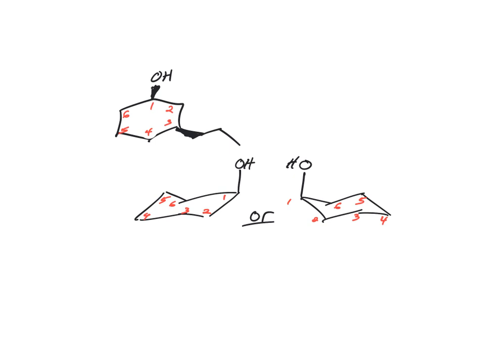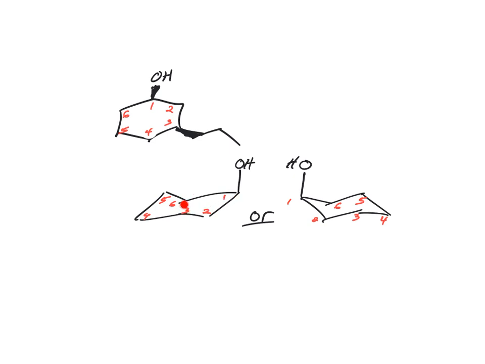So if the OH is up, on carbon 3 there is the propyl. Is that going to be in the axial position or equatorial position? Let's think. It goes every other one, right? So carbon 1 has axial up, carbon 2 would have axial down, carbon 3 would have axial up.